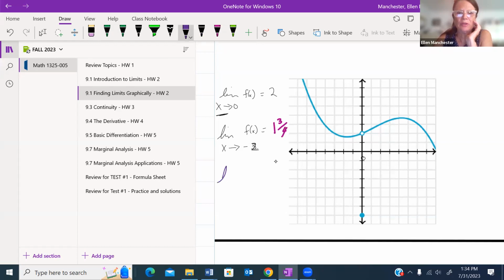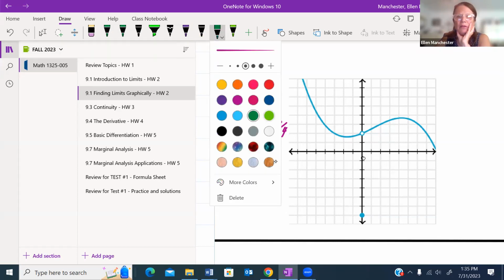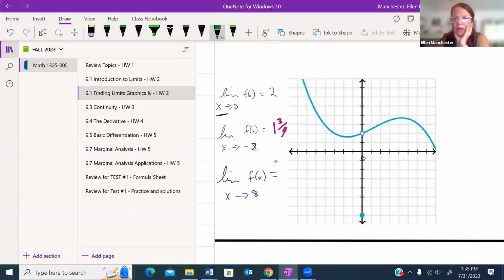Okay, so the limit of my function as x approaches 8. What does that limit equal? Okay, so again, I'm coming in. I come in, I'm following the graph, and 8 is clear out here.